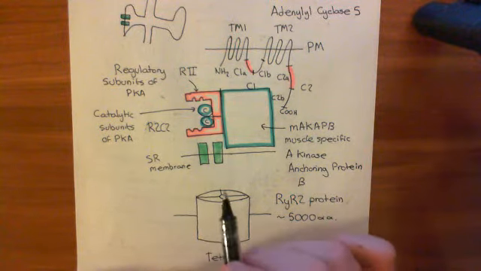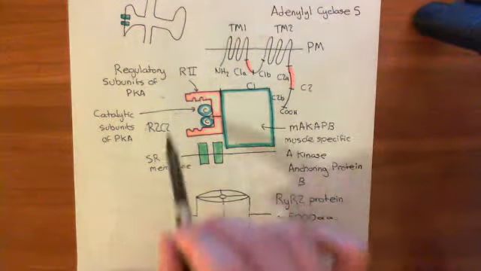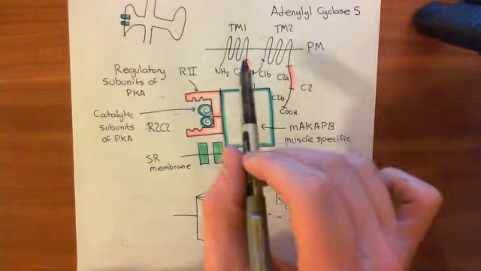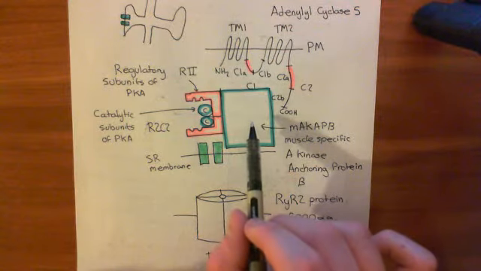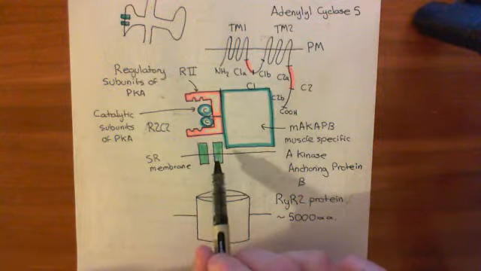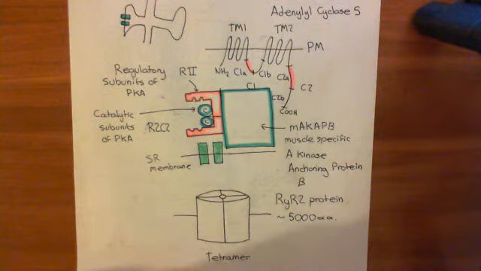Okay, right. Now, this complex exists within the heart. You have adenylyl cyclase 5 enzymes linked to a mAKAP beta protein, which is then also bound to the type 2 ryanodine receptor and to protein kinase A.